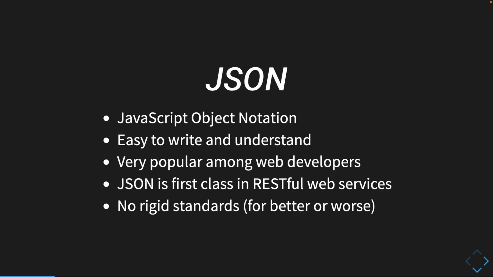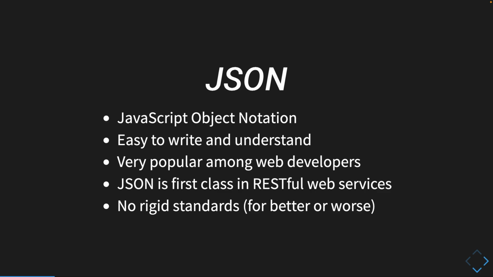Along with REST, we've seen a heavy adoption of JavaScript Object Notation, or JSON. JSON would provide the same sort of purpose, at least over the web, that XML did in the first generation of geospatial web services. JavaScript Object Notation is very easy to write and very easy to understand.